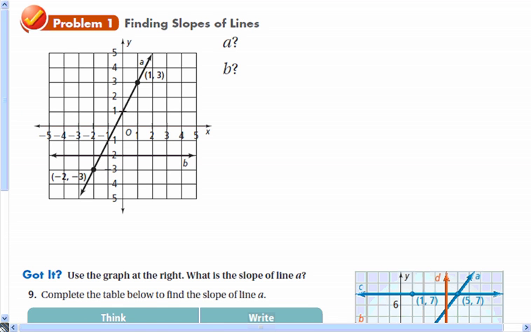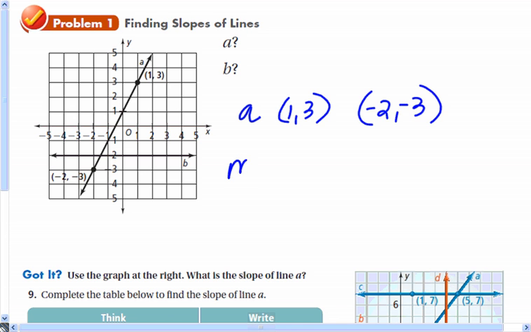All right, finding slopes of lines. If we look at this diagram, we can see the slope of line A. We have these 2 points: the point 1, 3, and the point -2, -3.